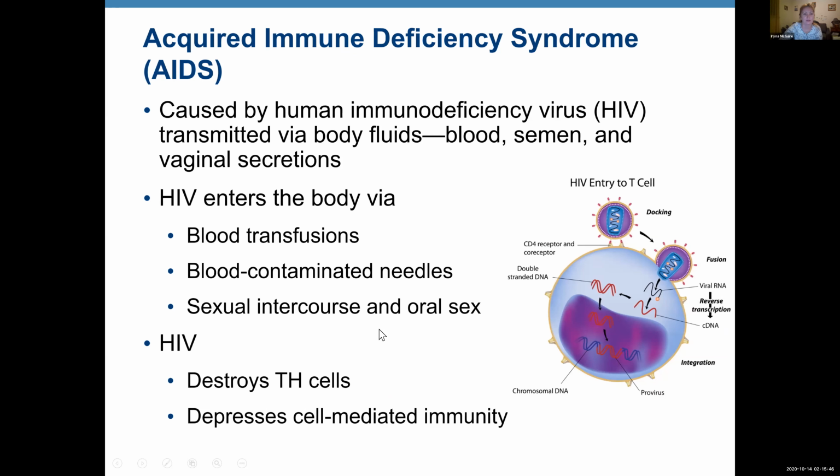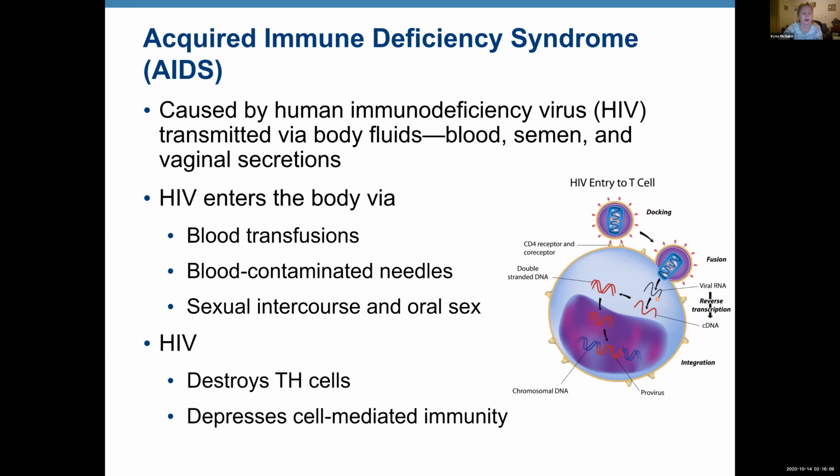AIDS, right? Very famous acquired immune deficiency syndrome caused by human immunodeficiency virus, HIV, transmitted via body fluids: blood, semen, vaginal secretion. It can also enter via blood transfusion, blood-contaminated needles, sexual intercourse, oral sex.